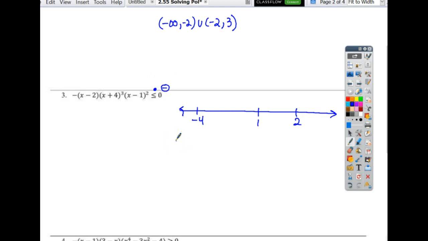So when I test here, and I start, let's say with -5, so I write the negative down. If I put -5 in there, this is also negative. If I put -5 in here, it's negative cubed, and then -5 in here is negative squared. So negative times negative is a positive. This is a negative, and this is a positive. So I end up with negative. So this part gets included.